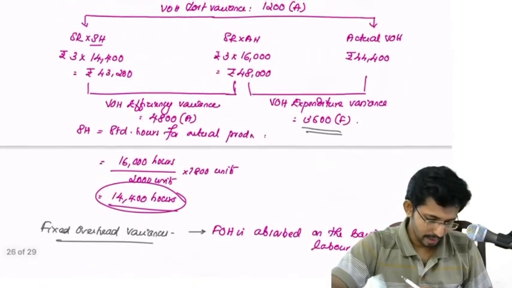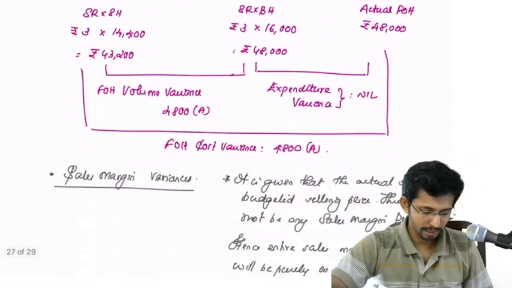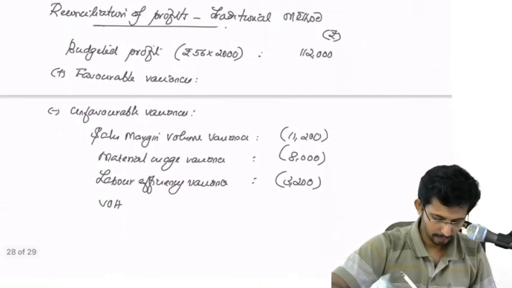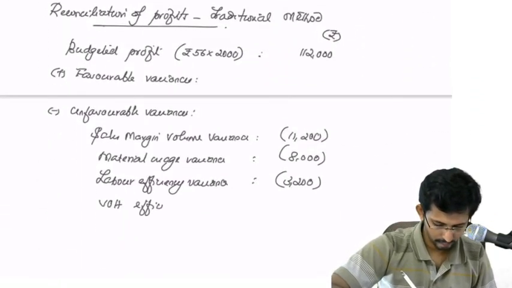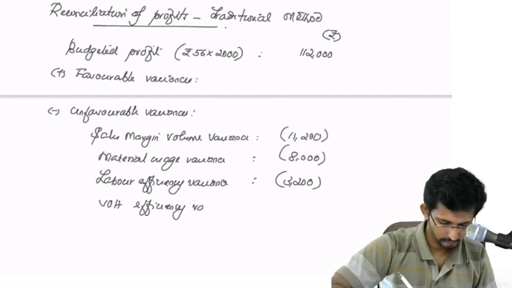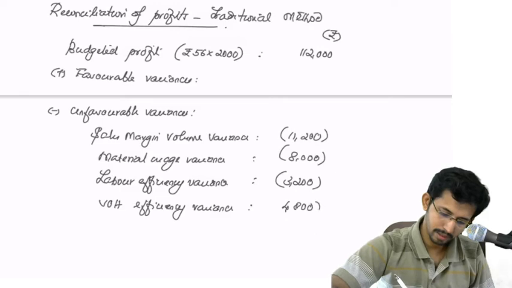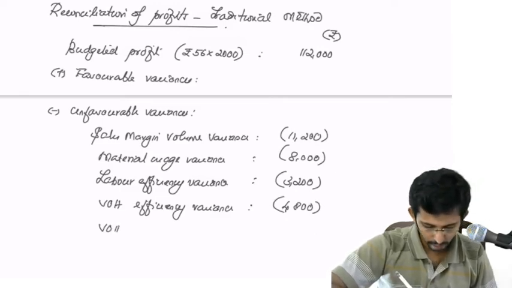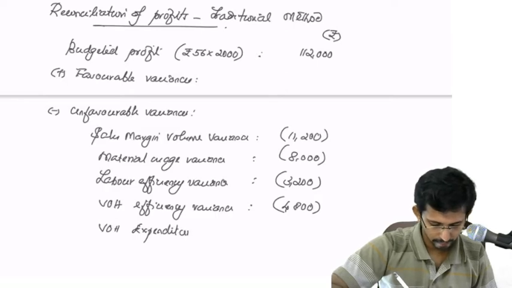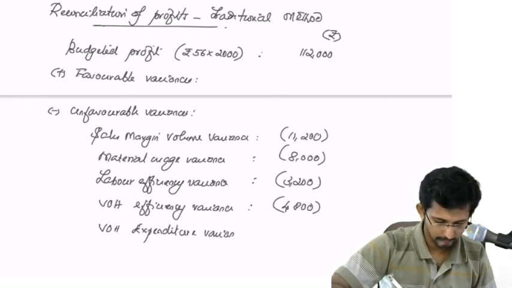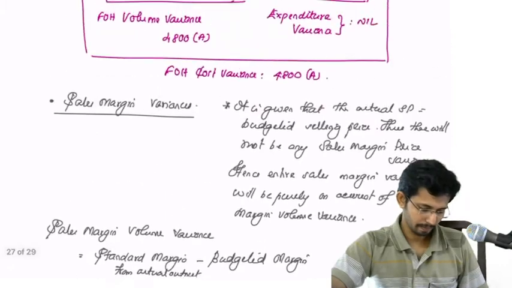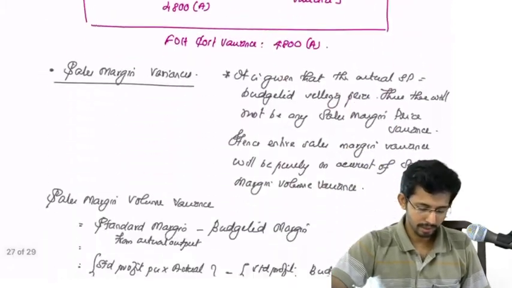Variable overhead efficiency variance 4,800 adverse. Now variable overhead expenditure variance. How much? It is 3,600 favorable.